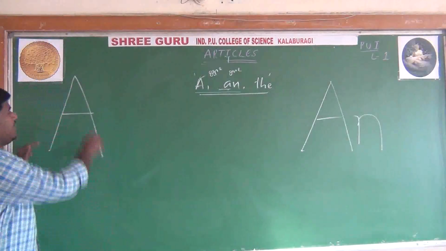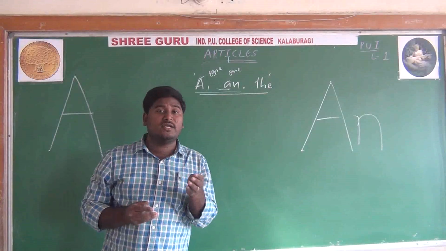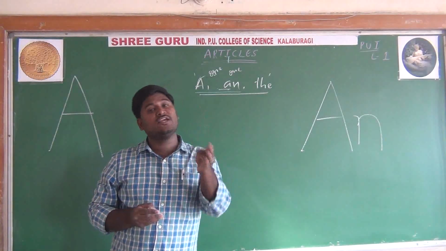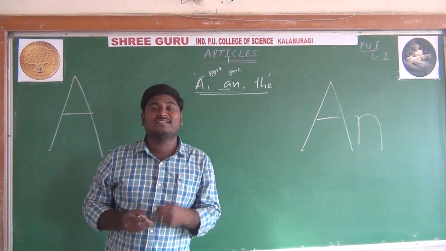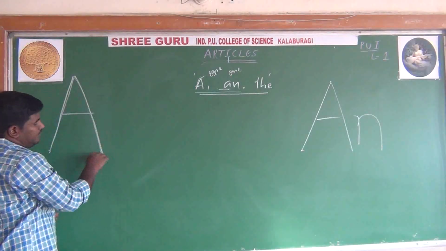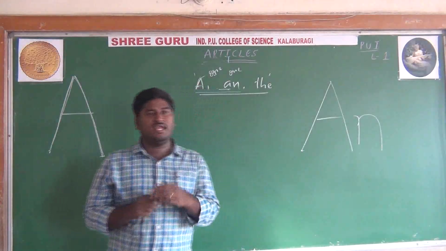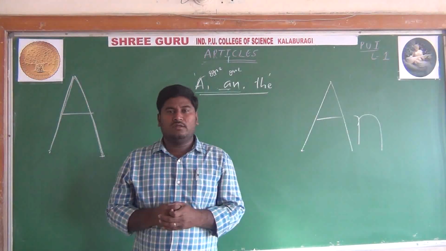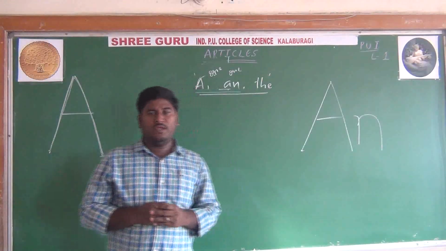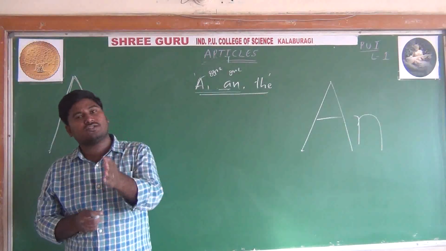A is used before a singular noun which has a consonant sound. Most of us, some of the students, think that a is used before a singular noun, that's it. But a is used before a singular noun which has a consonant sound.